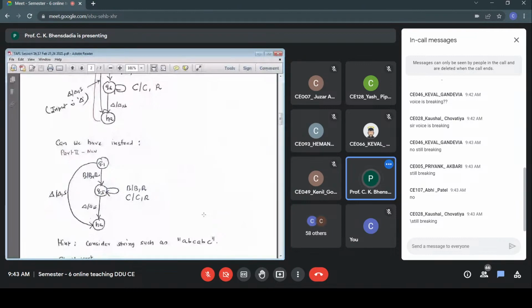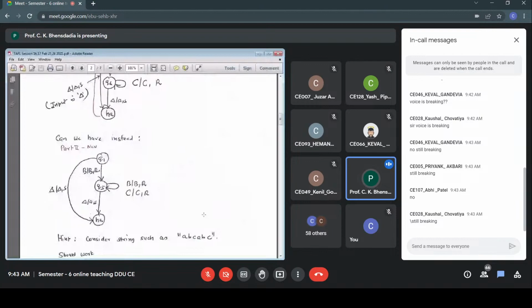I'm using the headphone setup. Let it be like this. I'll add another headset. Okay, fine. So you can think of this. Answer is yes, it should work. Reasonably audible now?